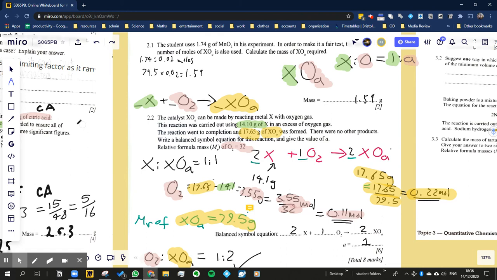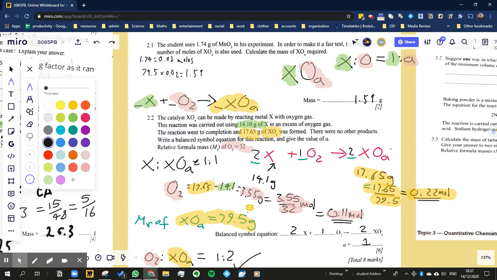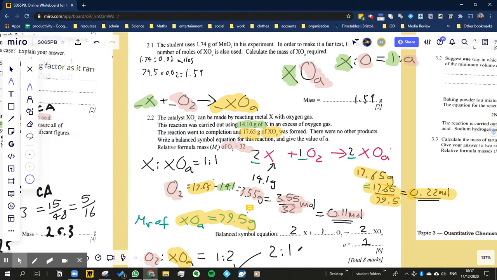So 1 to 1 is the same as 2 to 2, of course. So we could say 2 to 1 to 2 would be the ratio of X to O2 to XOA, and that's essentially what the balanced equation would be.